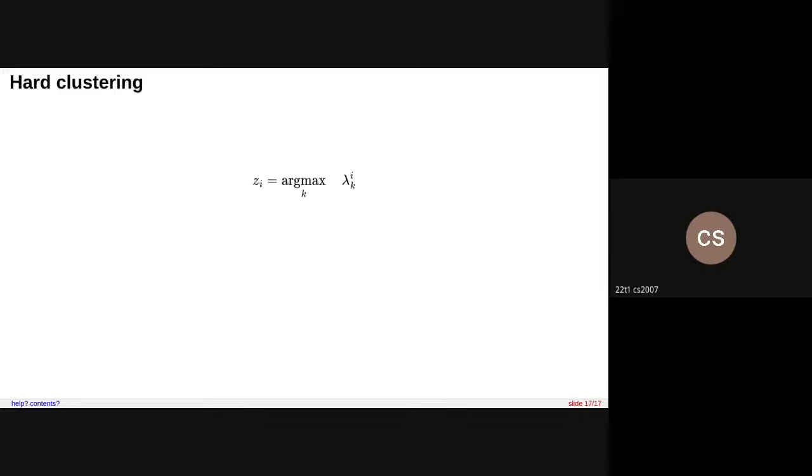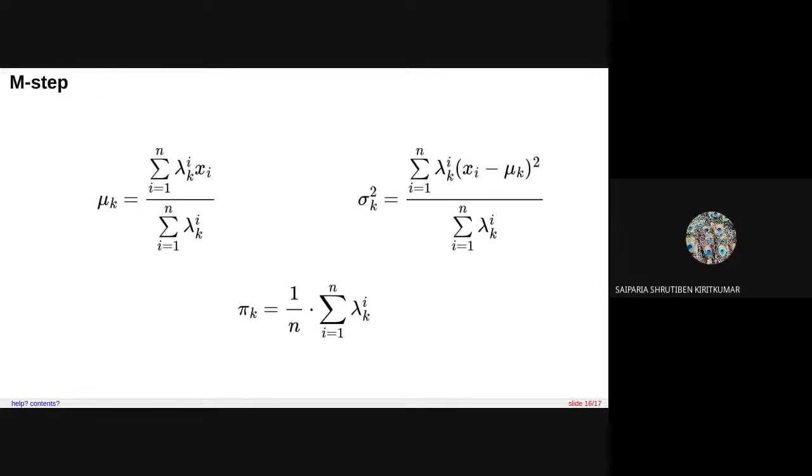So can you explain pi k again? Let's look at pi 1. Say there are 10 data points and three mixtures. Pi 1 will be what? You look at the probability of each of these 10 data points falling into cluster 1 or mixture 1.